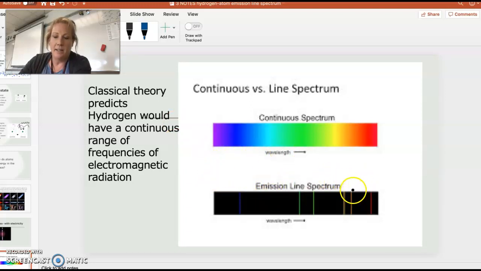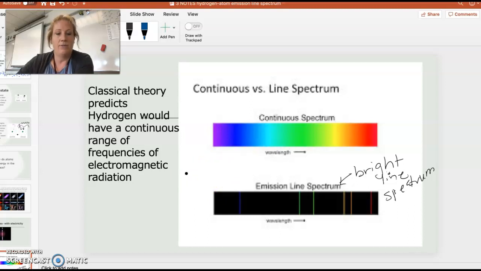Then we get to see these. This is called a bright line spectrum. This is not hydrogen's, but it's specific to the element, so it's like a fingerprint.